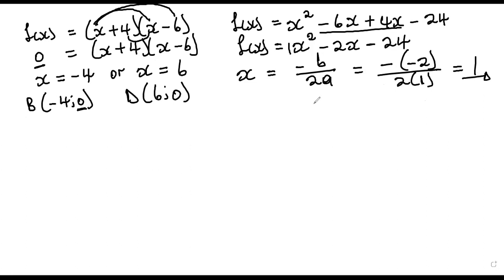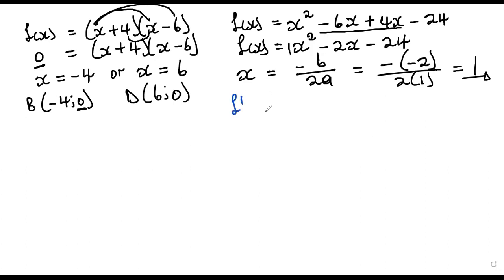What is the alternative? So now that you are in grade 12, you understand that at the turning point or the stationary point, it's where the derivative is equal to 0. So what am I saying? You find the derivative and then you equate it to 0. Then you find the x-coordinate of the turning point. So let's go.